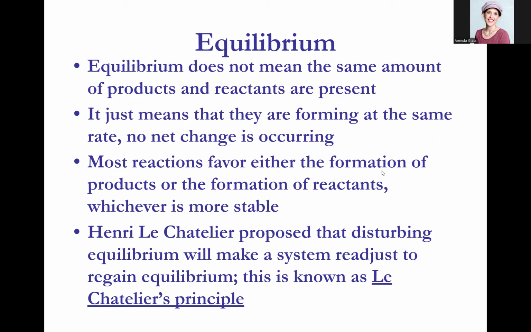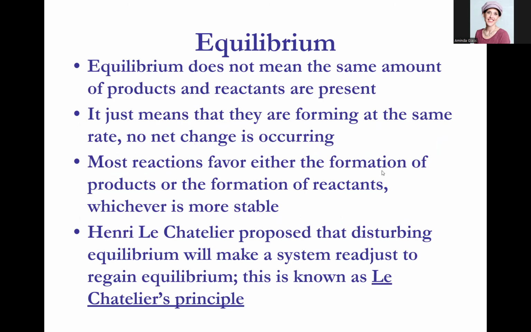Equilibrium, like I said before, doesn't mean the same amount of products and reactants are present. It just means they're forming at the same rate. You don't have any net change occurring. It looks like the amount that's there is fairly consistent. Most reactions favor either the formation of products or the formation of reactants, whichever is more stable.